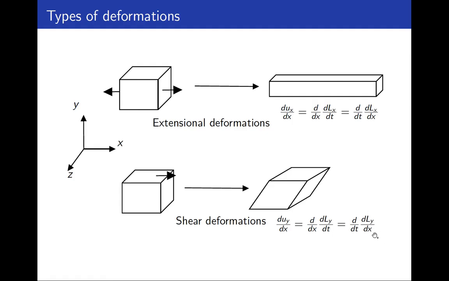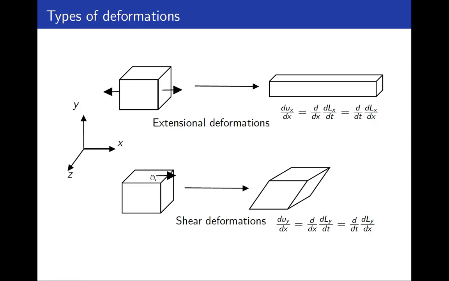The derivative with respect to time of this quantity is known as the strain rate, which is, in a few words, defined as the relative displacements between parallel planes of a material. Basically, this quantity is telling us how the angle of this deformation varies with respect to the original position.